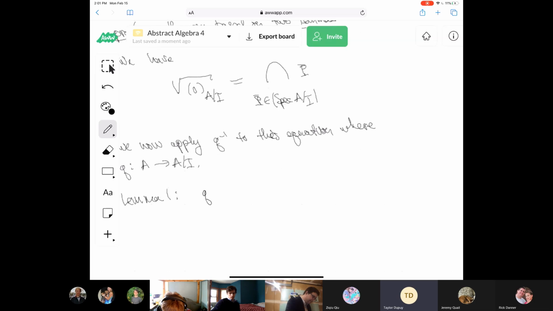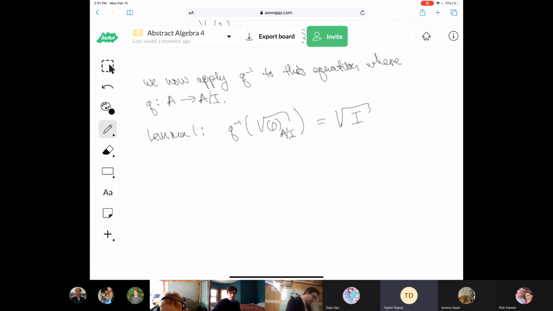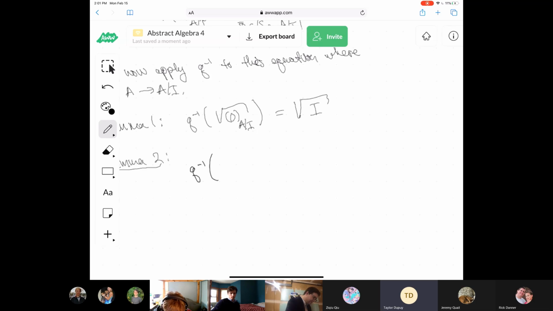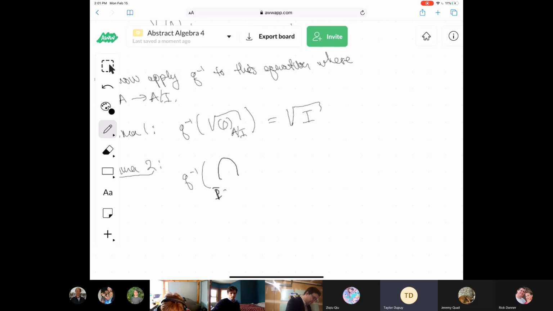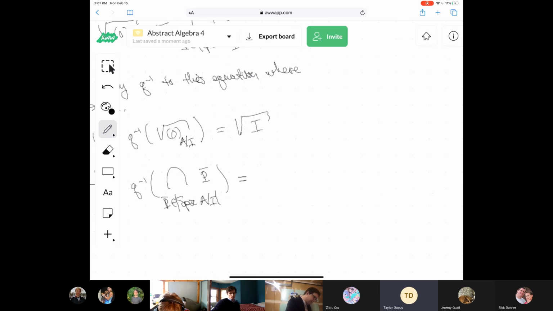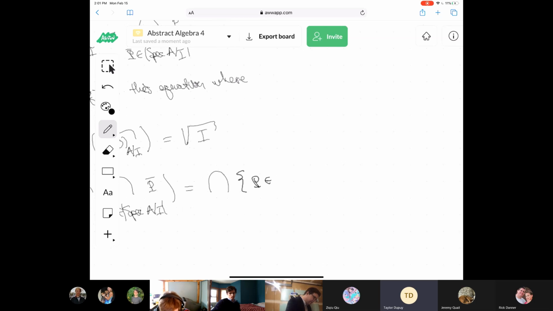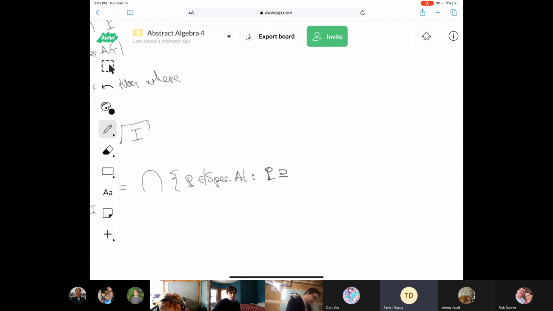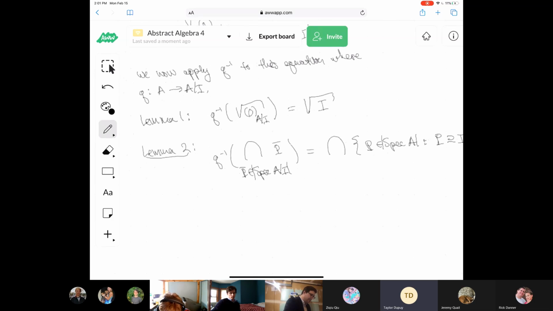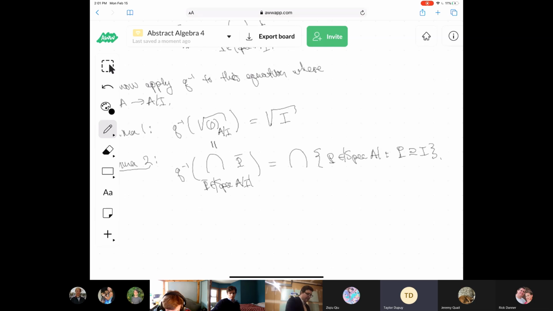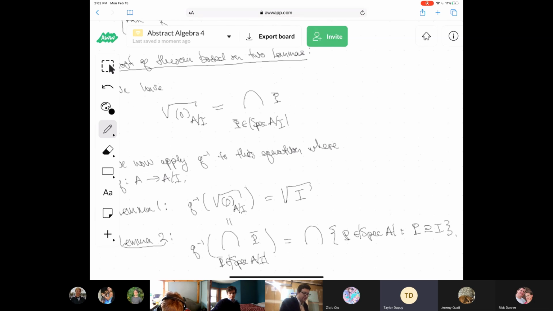Lemma 1 tells us that this thing, so this is my way of saying this is the zero ideal in this ring, that's what the subscript means, is the radical of I. Lemma 2 says that if I take this intersection, this is just the intersection of prime ideals in this ring that contain I. And so these two things are equal, because you can take Q inverse of both sides of an equation, and then you get this.